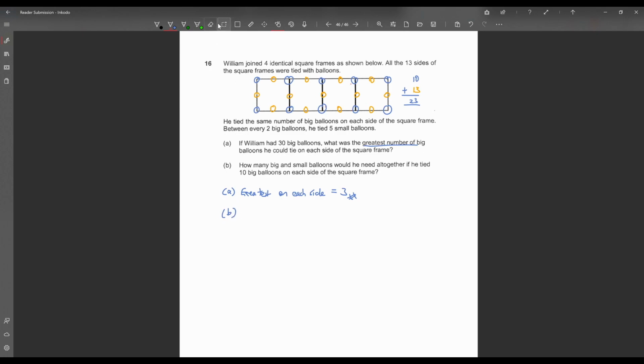Okay, we're going to erase all this first. How many big and small balloons will he need altogether if we tie 10 big balloons on each side of the square frame? So let's find out the big balloons first. So like I say, the big balloons will be at the corner and the intersection.